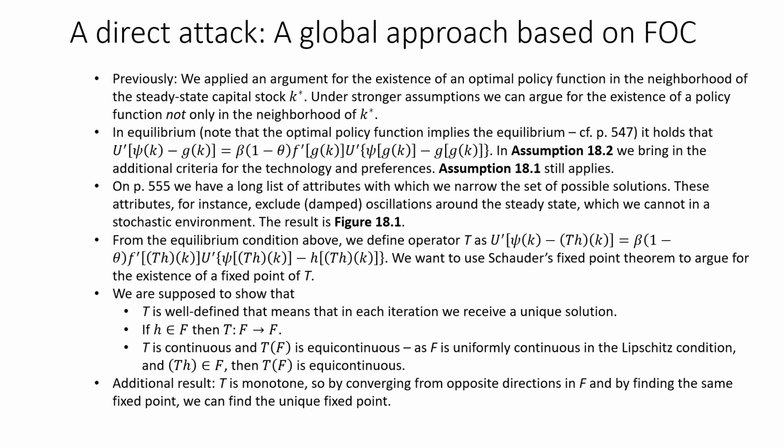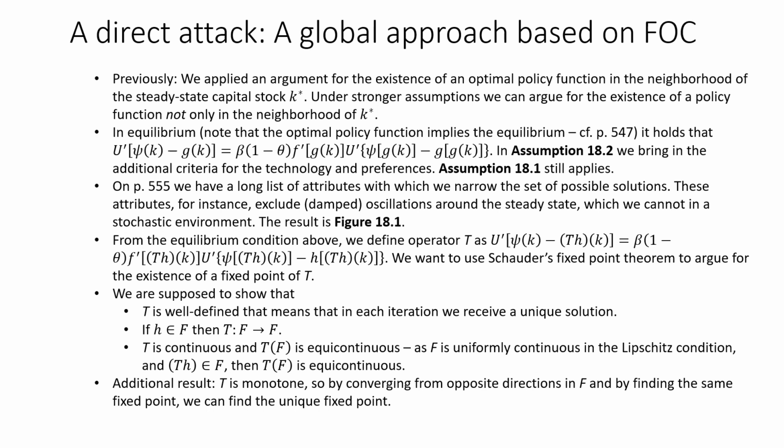On this basis, on the basis of the Euler equation, we define an operator, which is the equilibrium condition we use, and we want to use Schauder's fixed point theorem to argue for the existence of a fixed point of T. So the rest of the chapter is built around the application of Schauder's fixed point theorem.